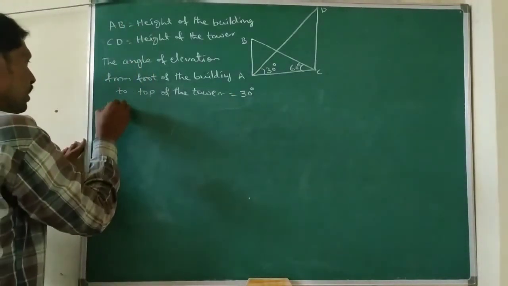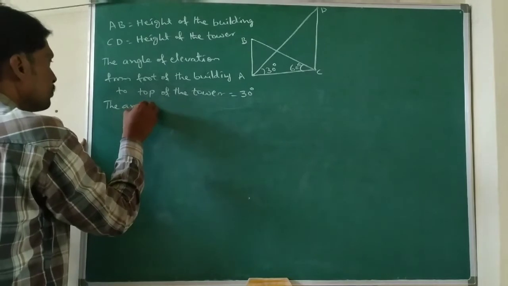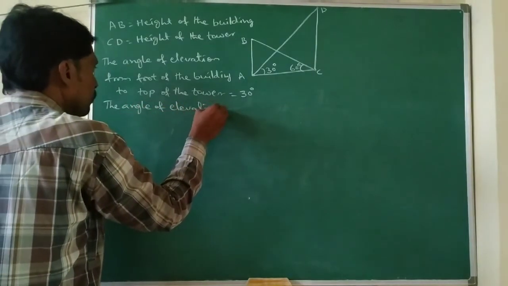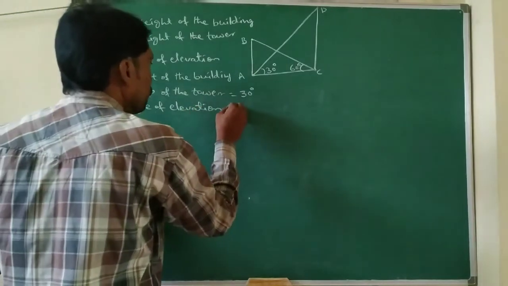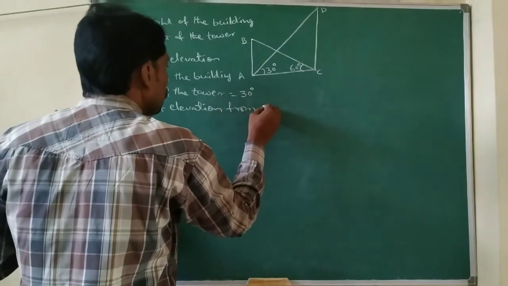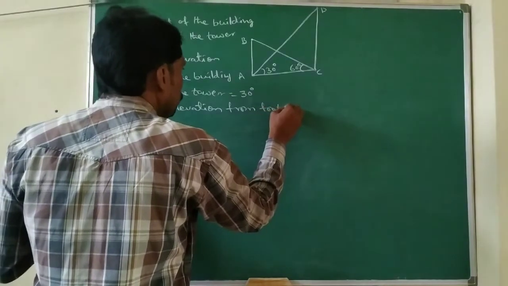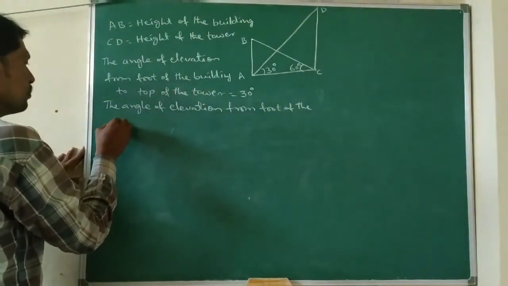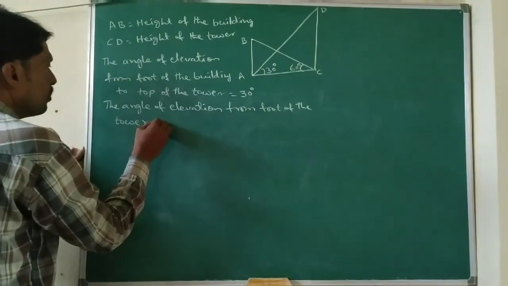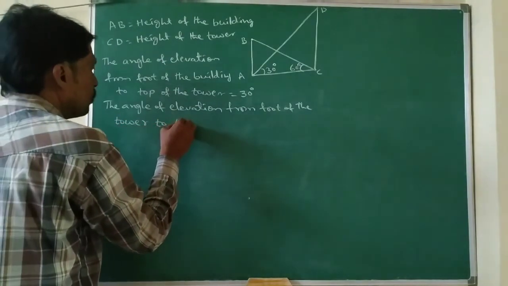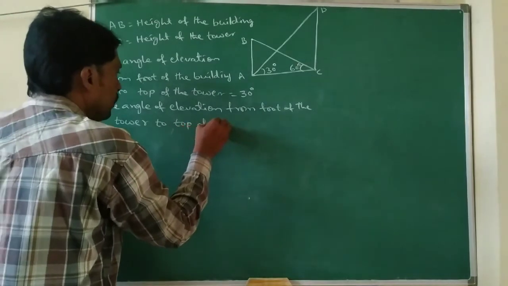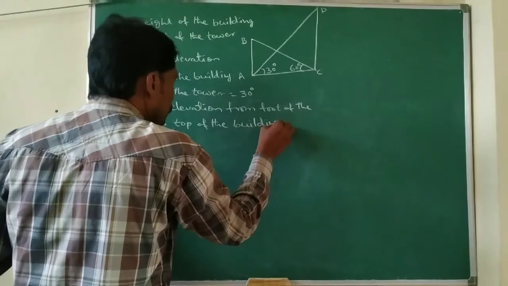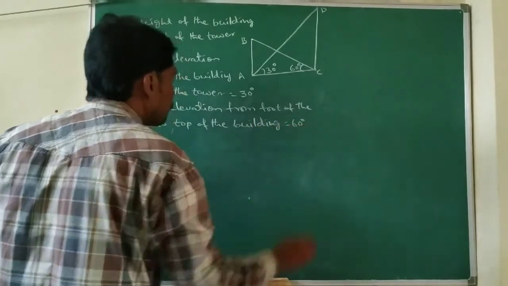Next, the angle of elevation from the foot of the tower to the top of the building equals 60 degrees.